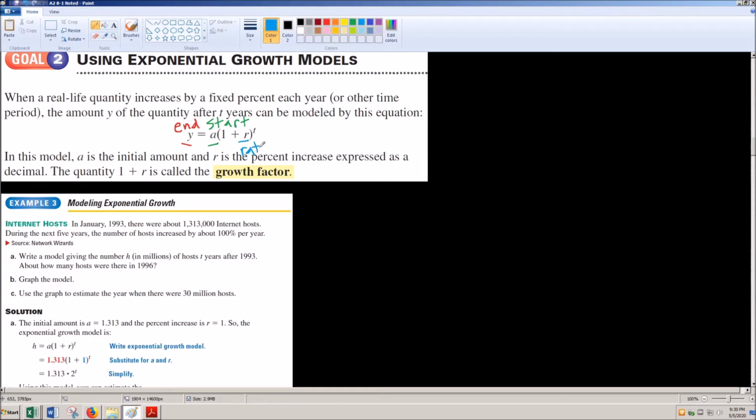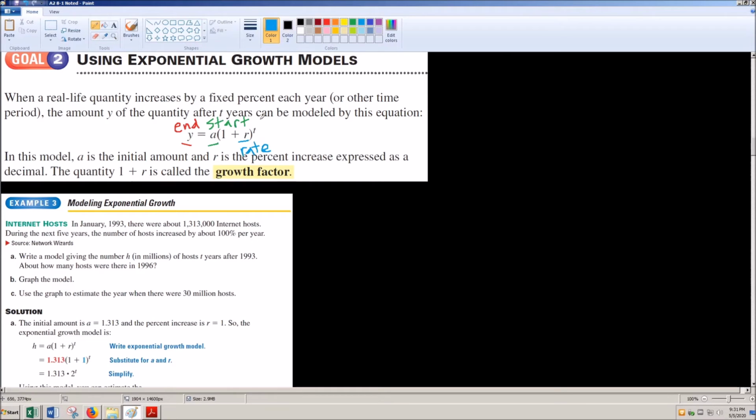If my rate is a growth rate, then my r is positive. If it's a decay rate, then my r value would be negative. A growth rate would be like 5%, and a decay rate could be 5%. But the difference is that with growth, r equals 0.05, and with decay, r equals negative 0.05.